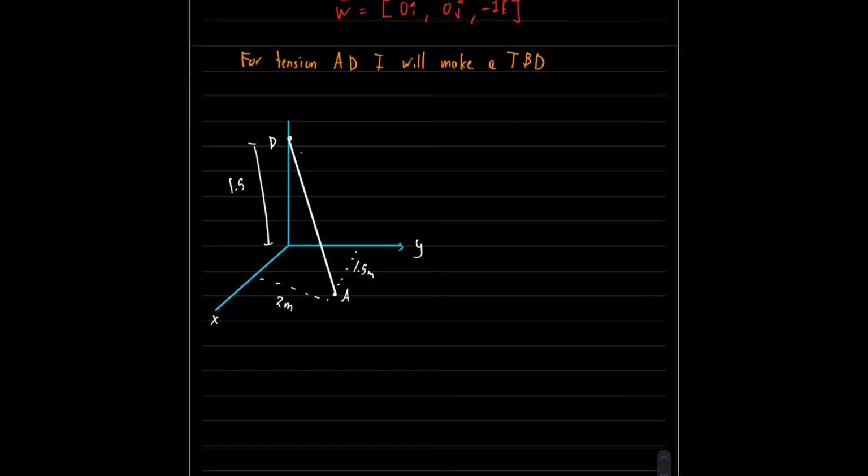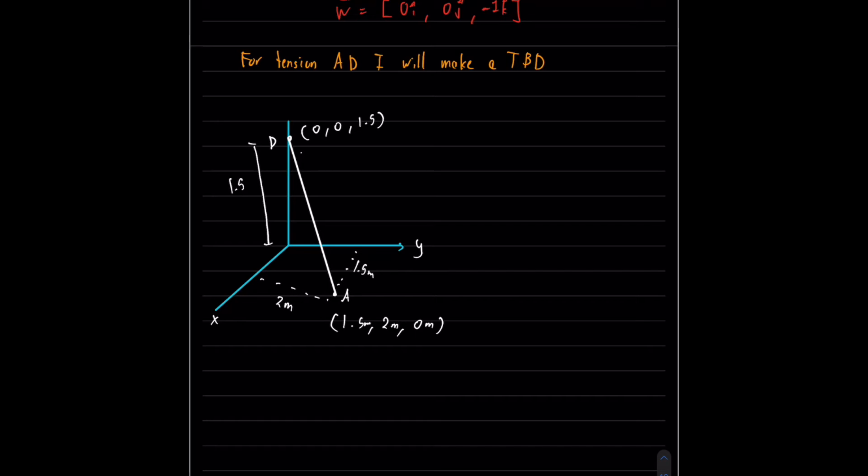So the point D is 0, 0, 1.5 meters, since it's acting only on this pole here, and it's not anywhere in the x or y coordinate, only the z coordinate. A has points 1.5, 2 meters, and 0 meters in the z direction here.